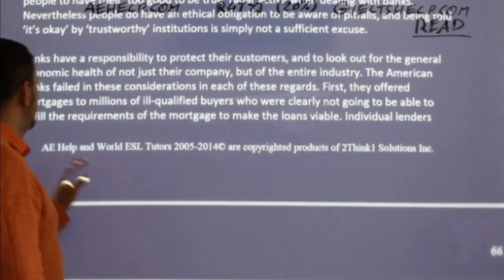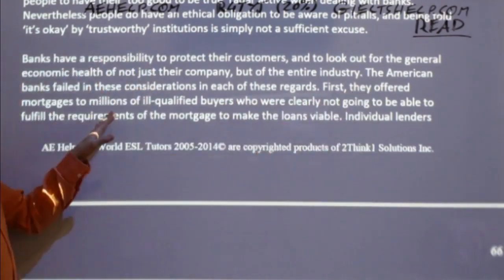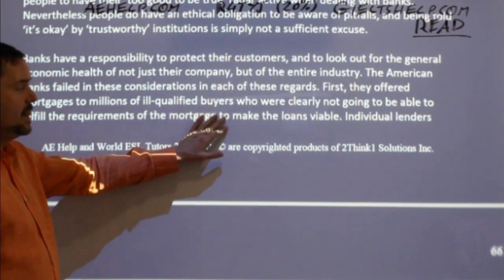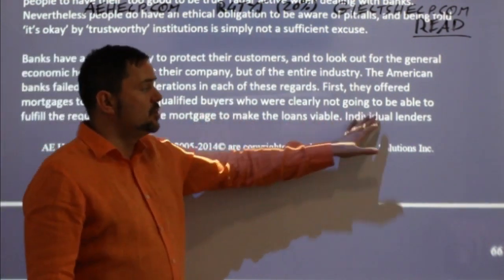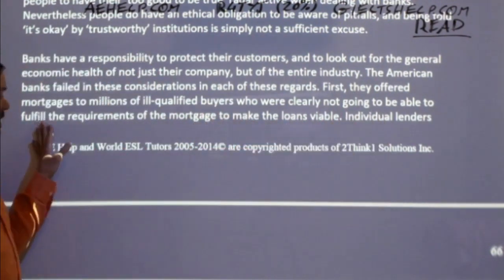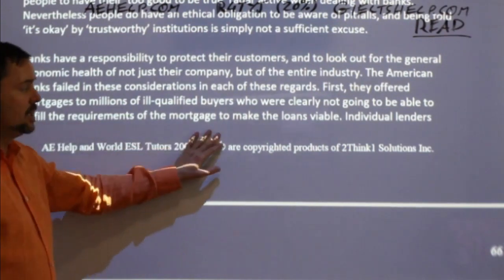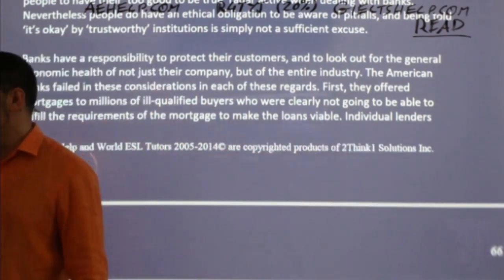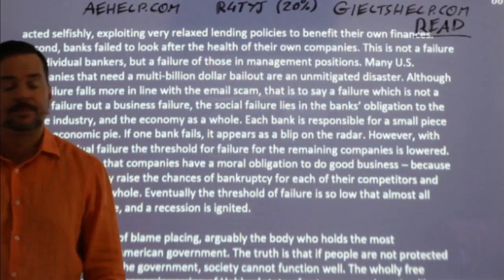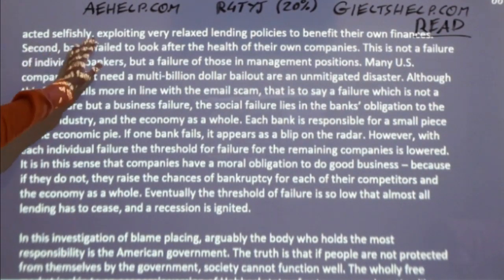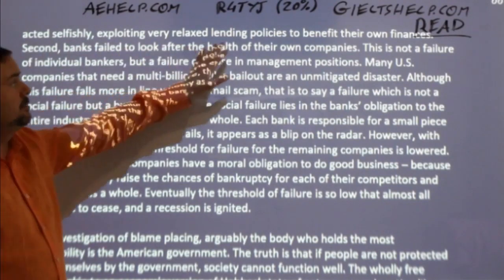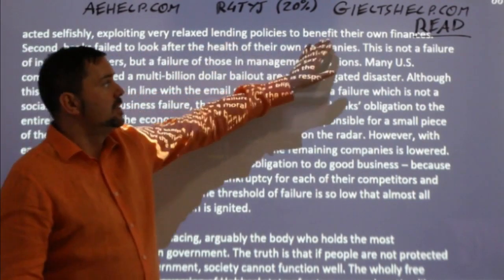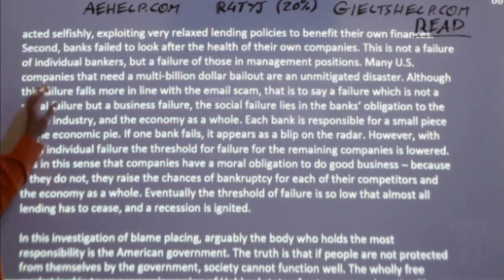First, they offered mortgages to millions of ill-qualified buyers who were very clearly not going to be able to fulfill the requirements of the mortgage to make the loans viable. Individual lenders acted selfishly, exploiting very relaxed lending policies to benefit their own finances.